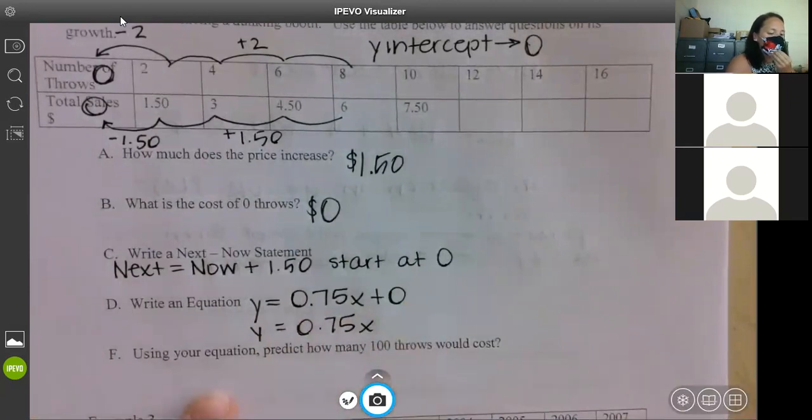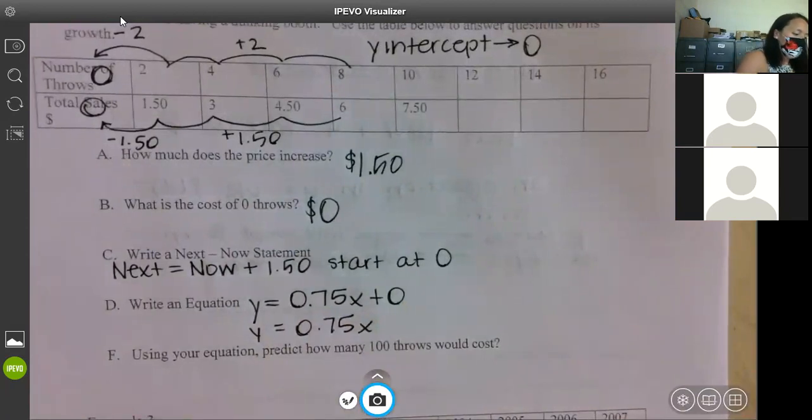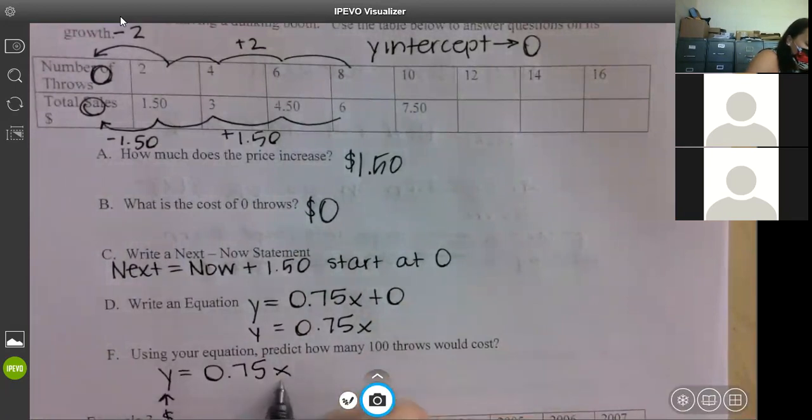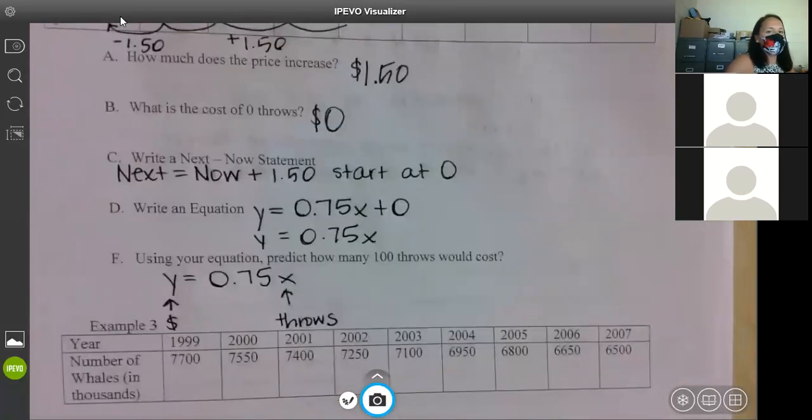Using your equation, predict how many 100 throws would cost. 100 throws. Okay, so you go y equals 0.75x. This was money. This was throws. So where do I plug in 100?